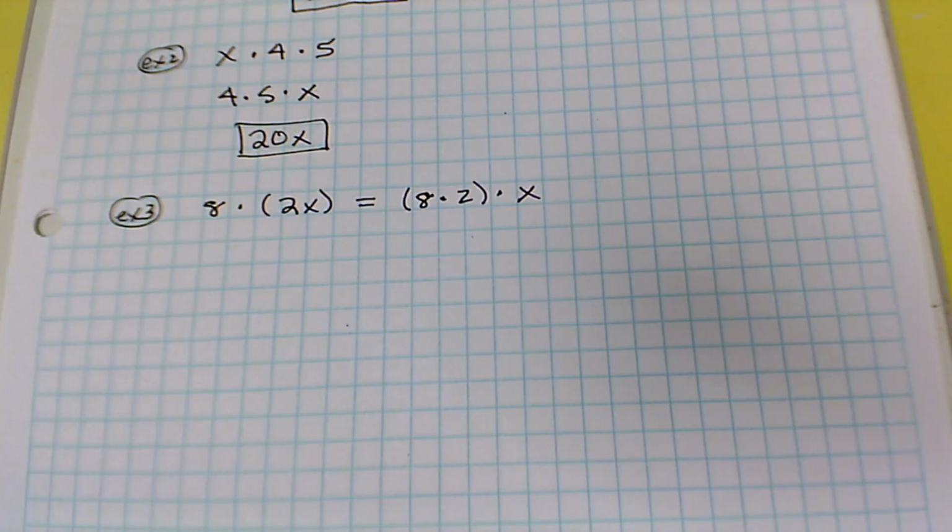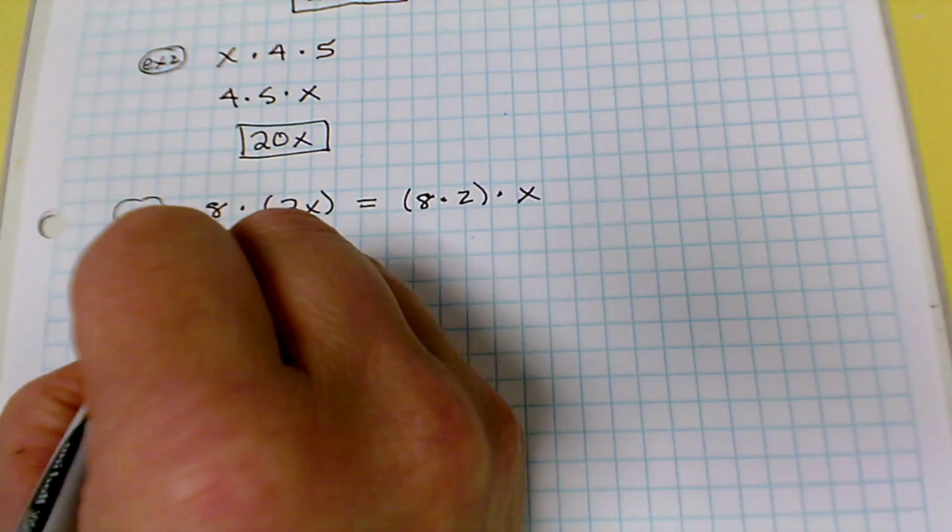So the difference between commutative and associative is commutative, things change order. Associative, the association with parentheses moves around. So first of all, is this commutative or associative? Which one has the parentheses? Associative, that's right.